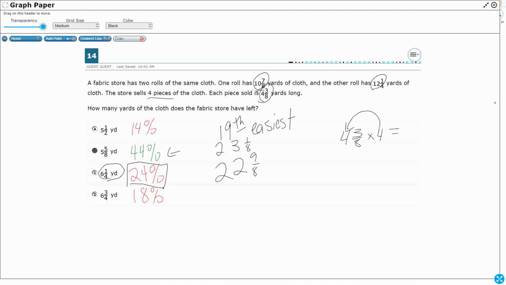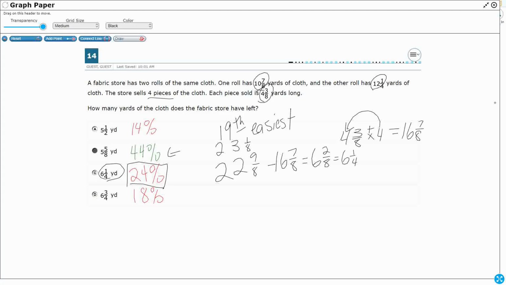So they multiply the 4 times 4, the whole numbers, but then they end up adding the 4 and the 3 rather than multiplying the 4 and the 3. Well, that's going to get you 16 and 7/8. And then if you subtract the two, 16 and 7/8, guess what you're going to get? You're going to get 22 minus 16 is 6. 9/8 minus 7/8 is 2/8, which reduces to 6 and 1/4.